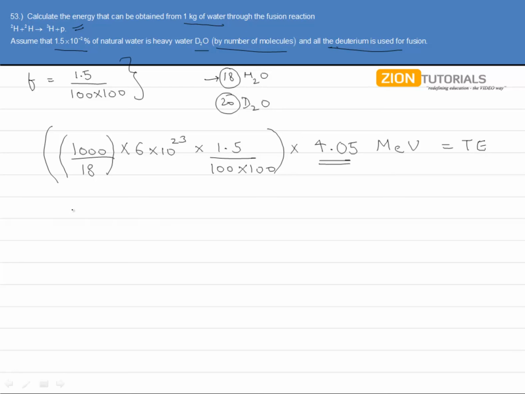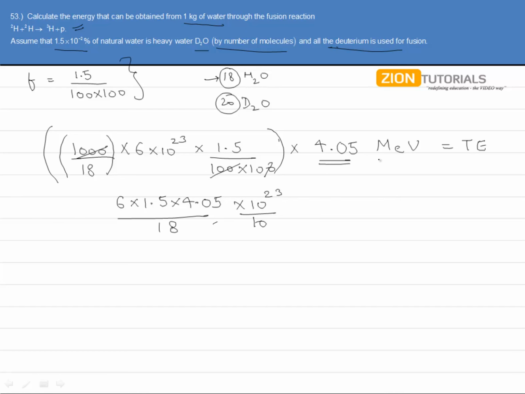So we get it as 6 into 1.5 into 4.05 upon 18. So this is 6 into 1.5 into 4.05 by 18 into 10 to the power 23 over 10.